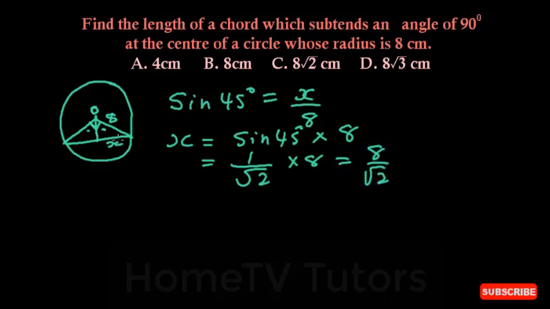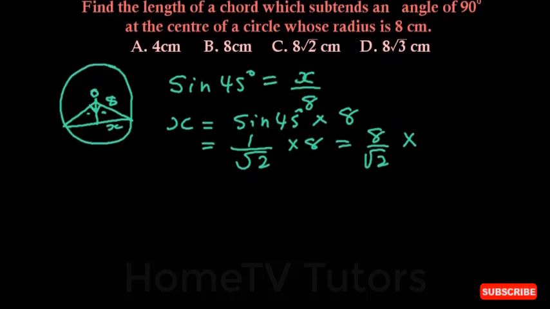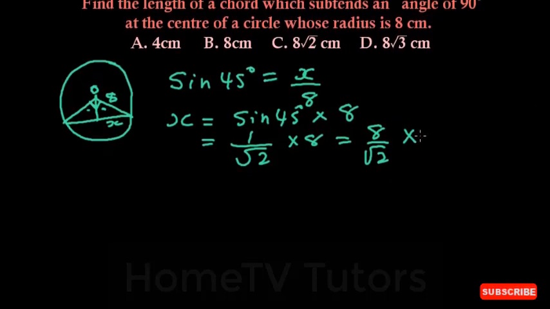Now that we'll find the length of the chord, since the bisector of the angle divides the chord into 2 equal lengths, we just need to add these two together. But before doing that, this fraction contains a surd, so we need to rationalize the denominator, that is turning the denominator into a whole number. So we multiply the denominator and the numerator by root 2.